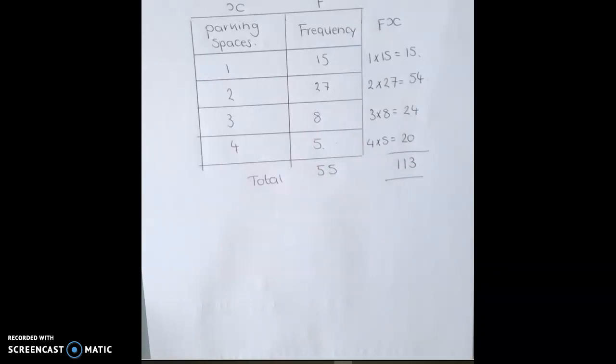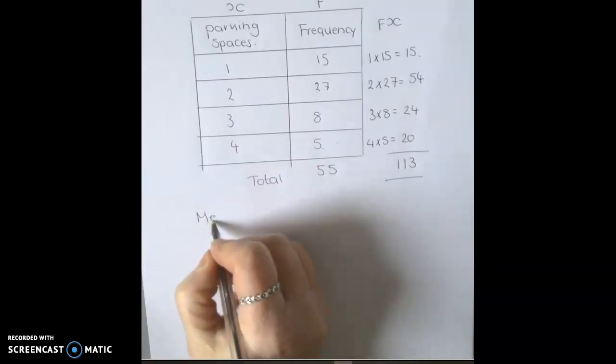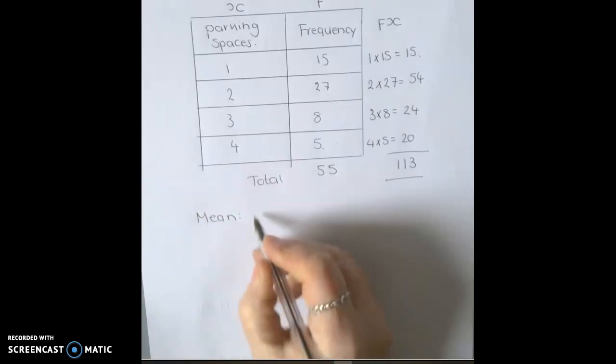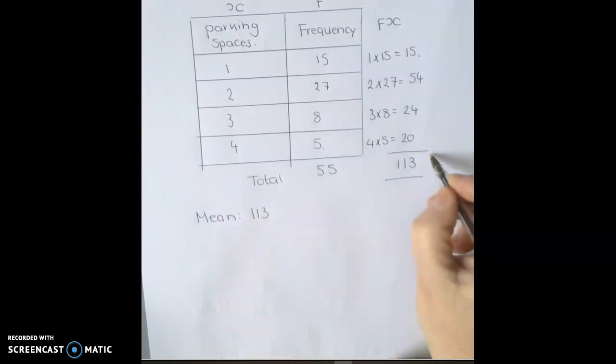Okay, so to work out our mean, we need the total of all the values in our data set. So this is this part. This is the total of all our values added together.